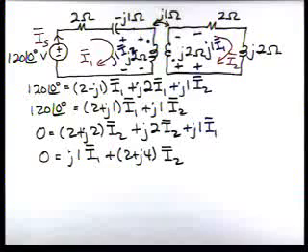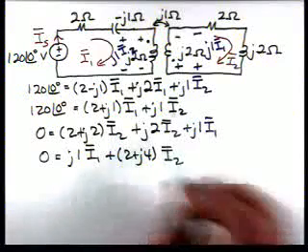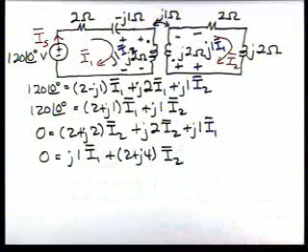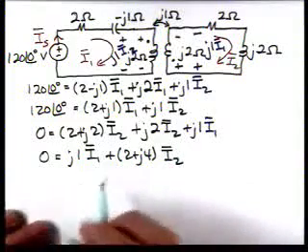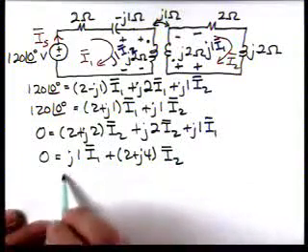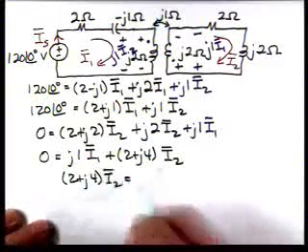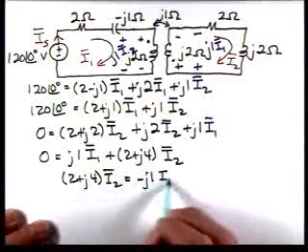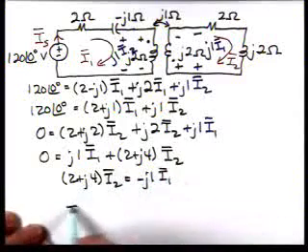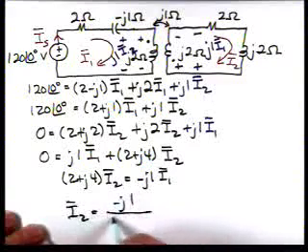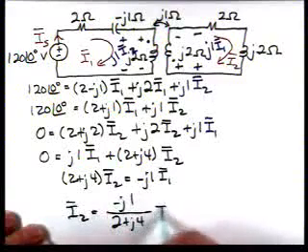Now, what we really need to do is solve for I2 in terms of I1 and substitute in one of these other equations. In other words, we need to eliminate I2. So let's take this equation and write it as 2 plus J4 I2 is equal to minus J1 I1. And that's going to give us that I2 is minus J1 over 2 plus J4 times I1.